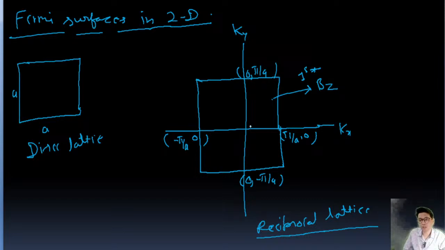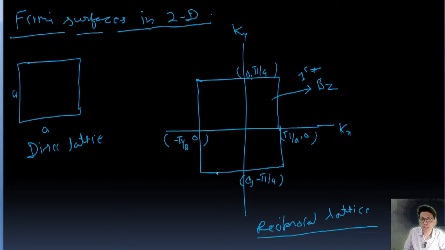The reciprocal lattice is represented in momentum space, and this is the boundary of the first Brillouin zone. Okay, so now we'll study the case. And this we know, guys, this total distance is 2 pi by a.